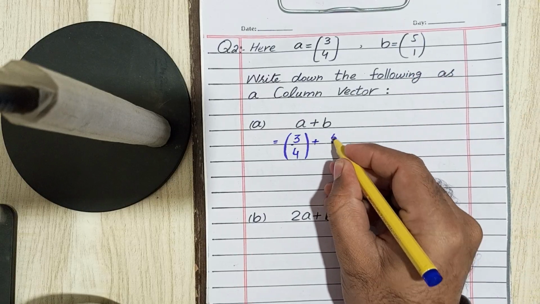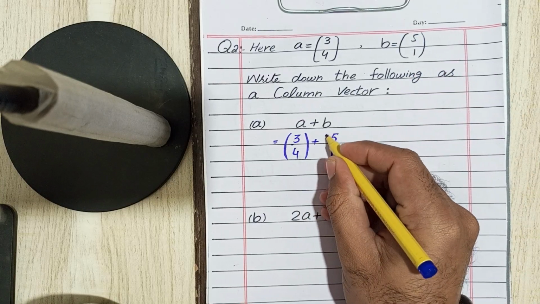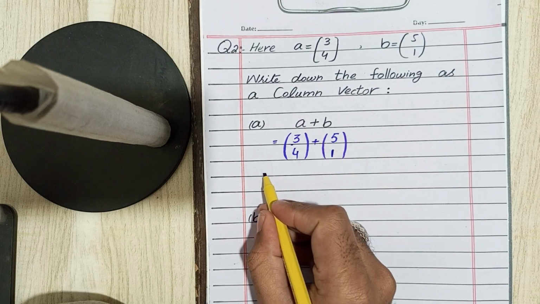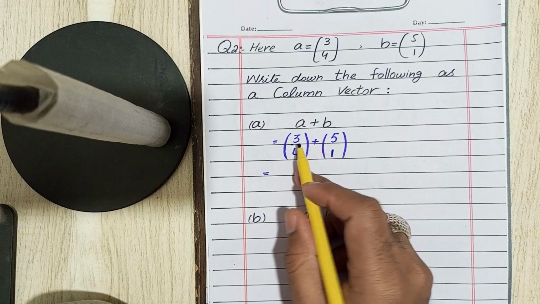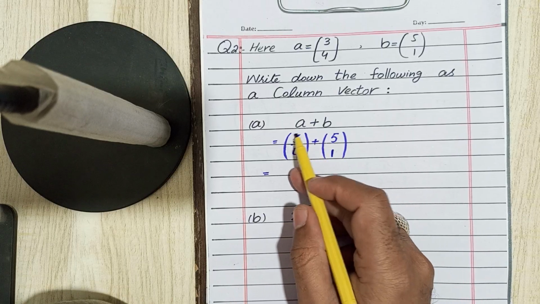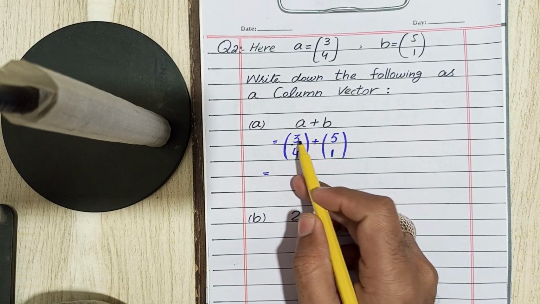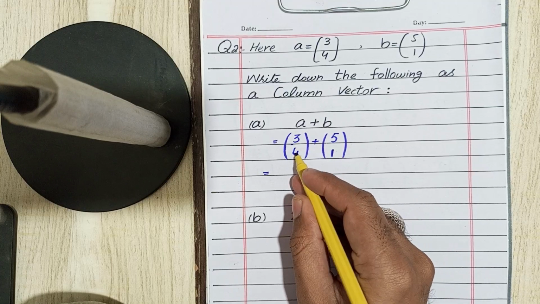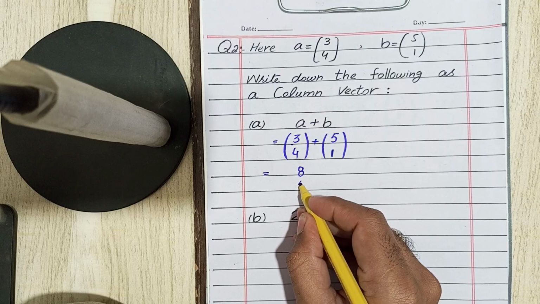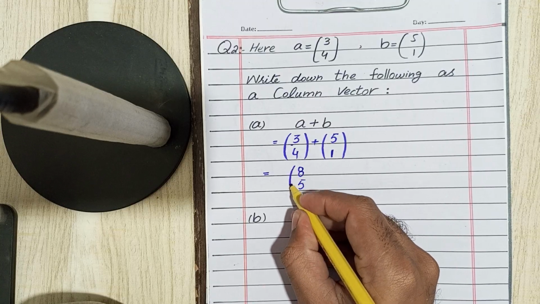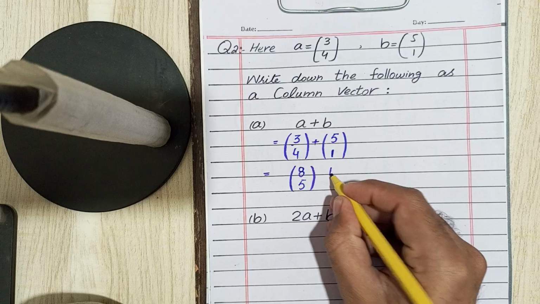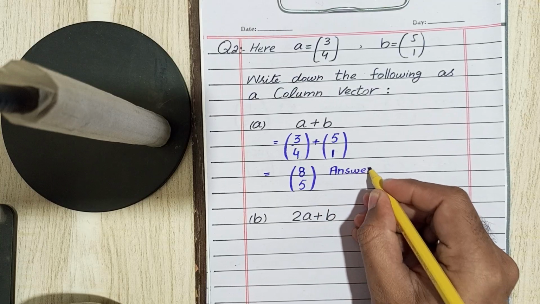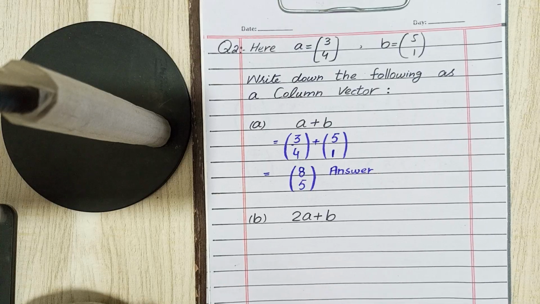So here we write 5 and here we have 1. Now we add these terms. First one is 3 and here we have 5. So 3 plus 5 we have 8, and 4 plus 1 we have 5. So this is our final answer. I hope you got it.